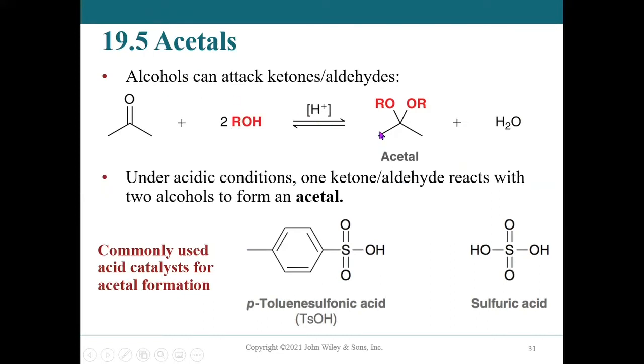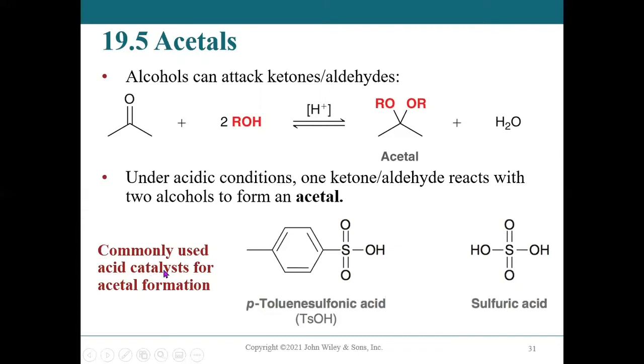Under acidic conditions, this produces the structure called the acetal, which means there is one carbon bonded to two OR groups, like two ether groups on the same carbon, and also produces the side product water. Under acidic conditions, one ketone or aldehyde reacts with two alcohols to form acetals.